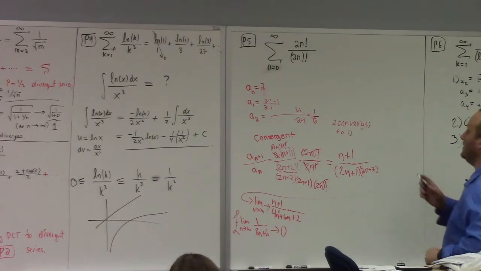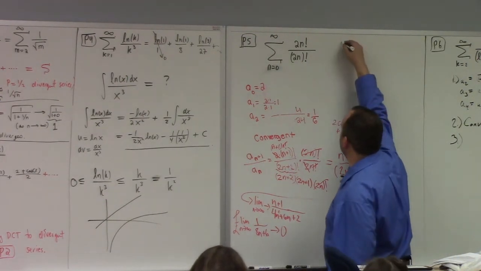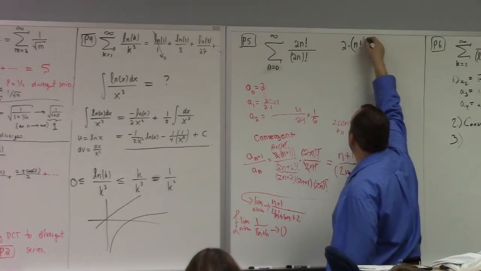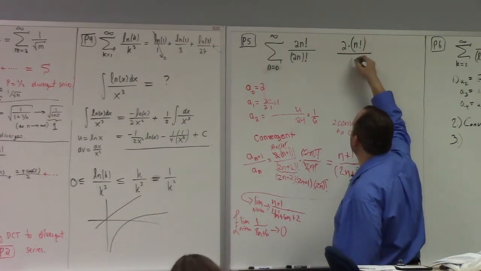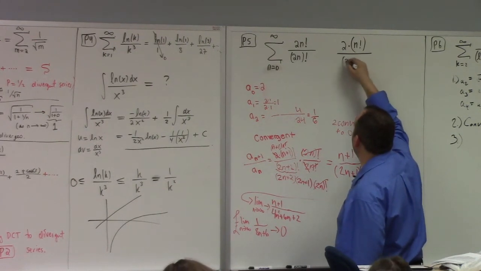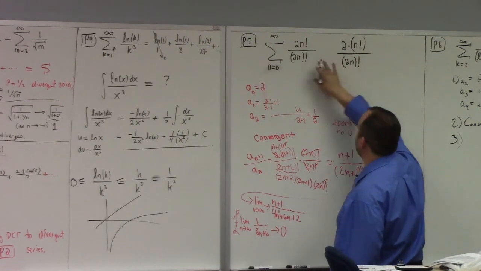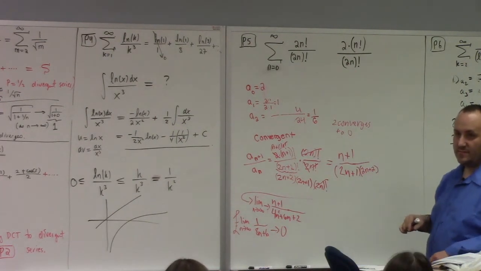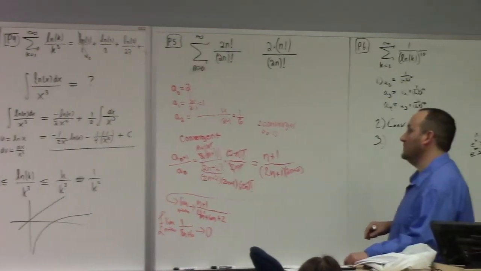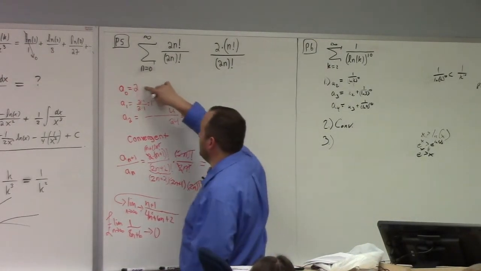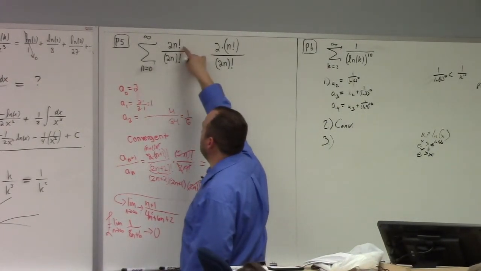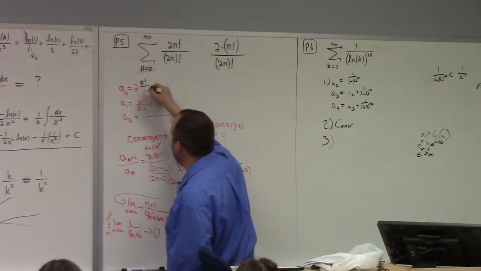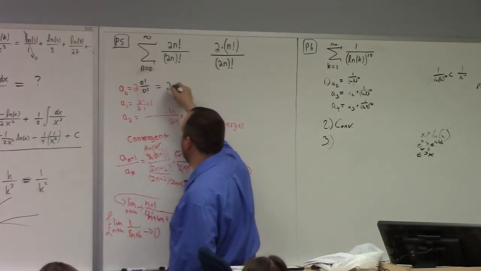To be clear, we're looking at that. We're doing twice n factorial, and in contrast, the denominator is 2n factorial. So a sub 0 is 2, because it's 2 times 0 factorial divided by 0 factorial, which is 2.